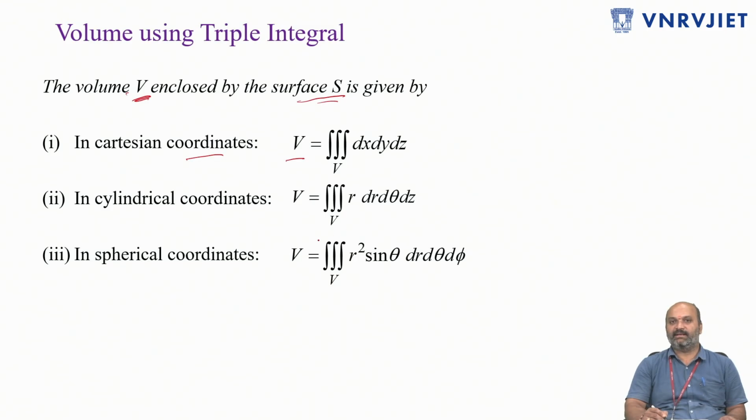In a similar manner, in spherical polar coordinates, the volume is given by the triple integral over the volume V of r squared sin theta dr d theta d phi. So these are the formulae to determine volume using triple integrals.